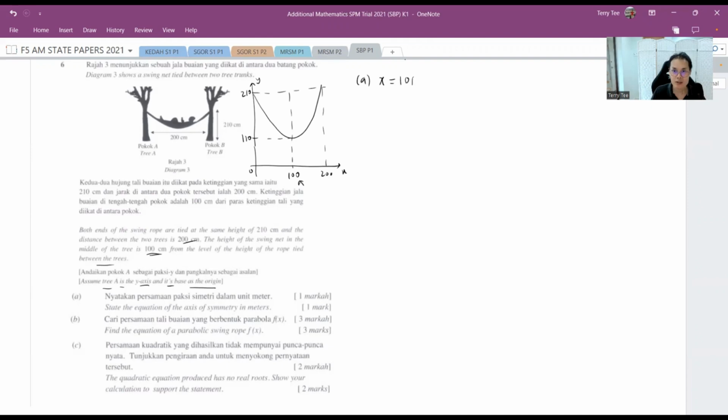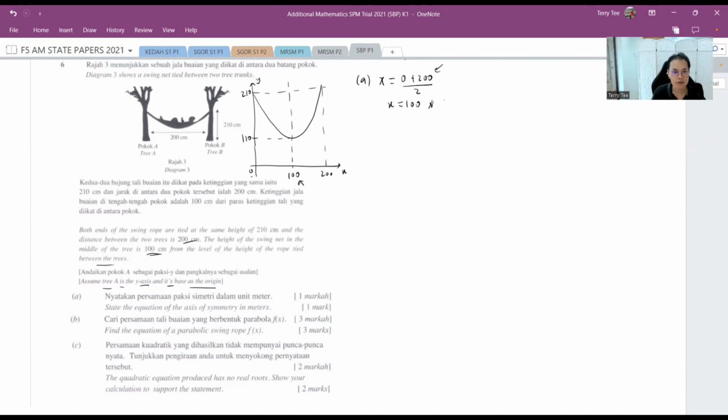Your axis of symmetry is x equals 100. Yeah, the line right in the middle. Now, how do I know it's 100? I take 200 divided by 2. It's right in the middle because the start is 0. Or some people may write 0 plus 200 divided by 2, x equals 100. Yes, you can. Since it's 1 mark, you don't really have to show this working here.